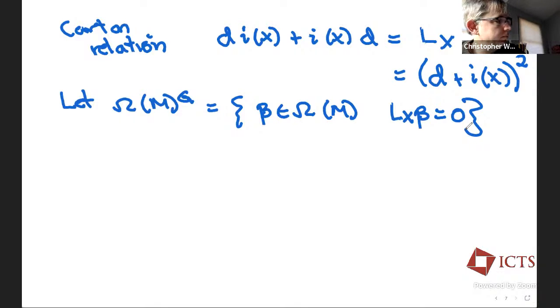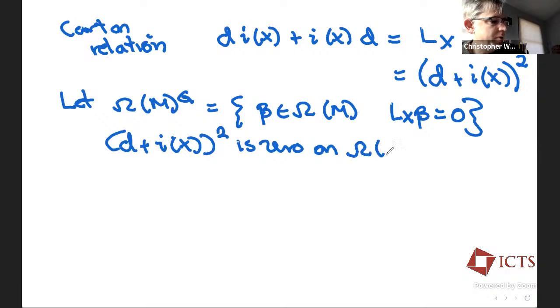So then (d plus i_X) squared is 0 on the space of invariant forms. So you can try and use this to define a chain complex. It's convenient to throw in a formal generator to get it to be graded. So let t be a formal parameter.